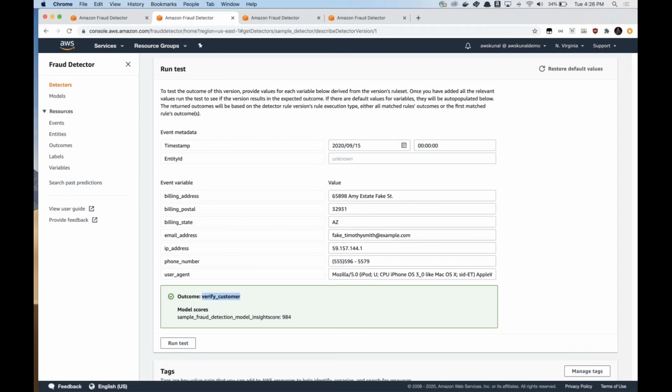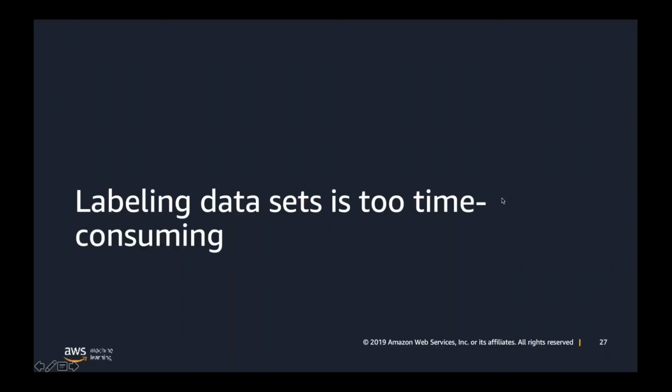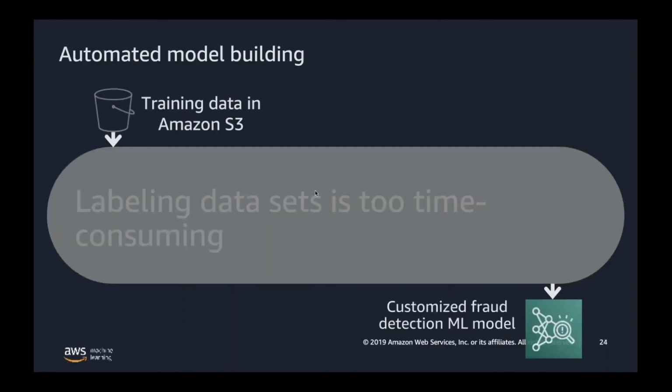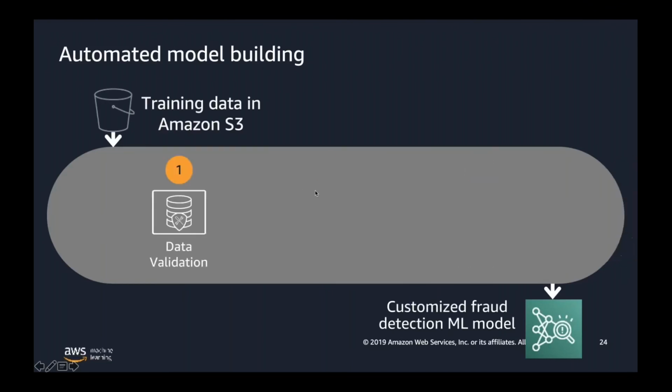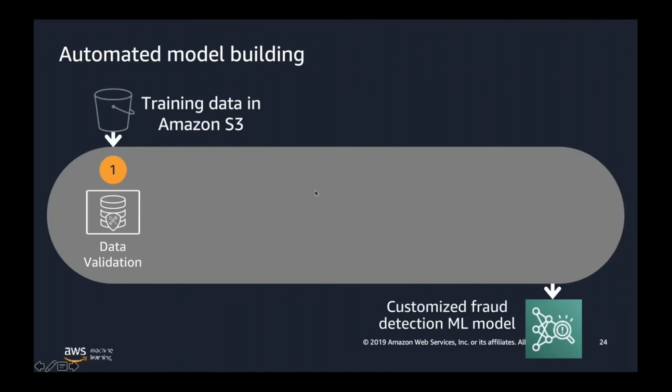Let me quickly go back to my presentation here. I see that time is coming up, but one of the things I wanted to mention is that data is very important, right? The features that you want to add in Fraud Detector are really important. And this is individual to every business, whether that's IP address, the registration time, or the age of the account.